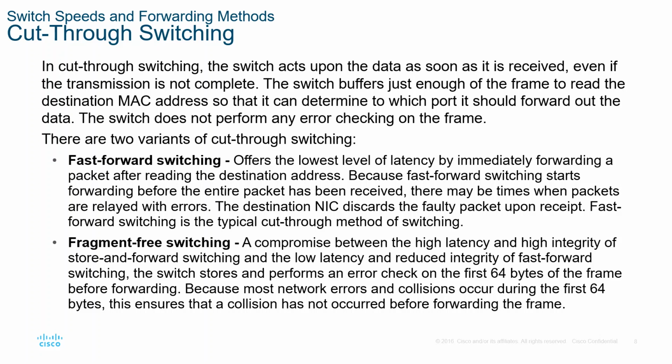To improve this, we have fragment-free switching, where the switch must perform an error check on the first 64 bytes of the frame before forwarding. This ensures that a collision has not occurred before forwarding the frame.